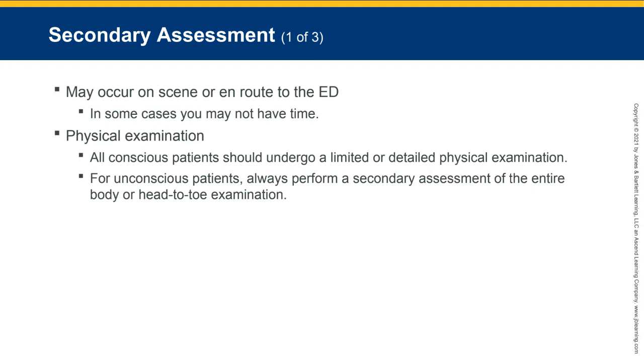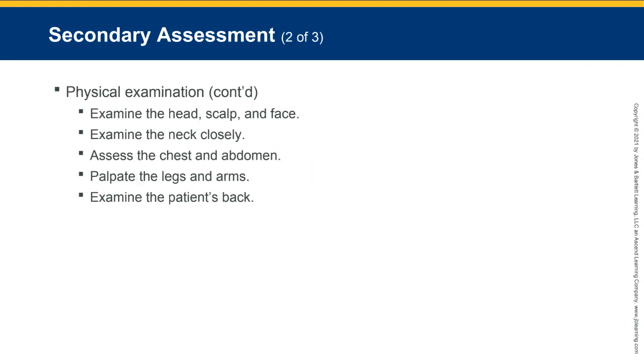For unconscious patients, always perform a secondary assessment of the entire body, or head to toe examination. So it's a detailed, systematic head to toe. Physical examination should include: examine the head, scalp, and face, examine the neck closely, assess the chest and abdomen, palpate the legs and arms, examine the patient's back.